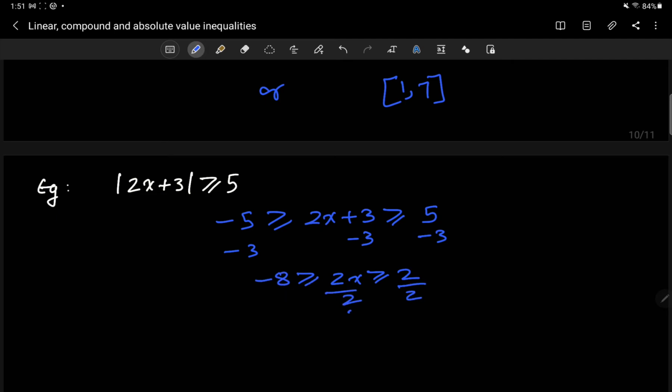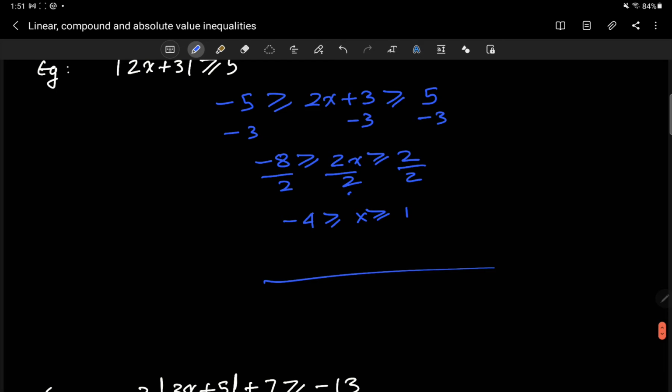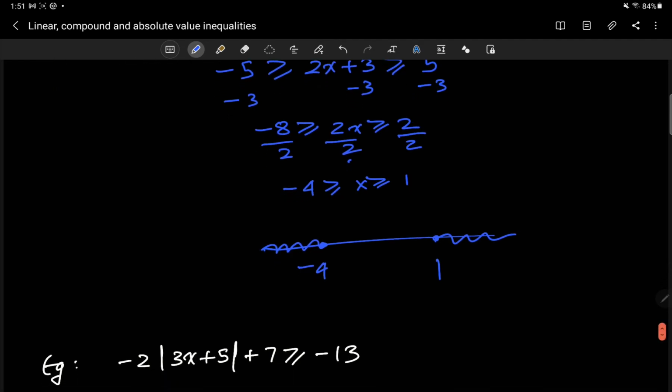Divide by 2 to get x greater than or equal to 1 or less than or equal to -4, which makes it everything more than 1 and everything less than -4. In interval notation, that's -infinity to -4 closed, union 1 to infinity closed at 1. So it's this or this or this.